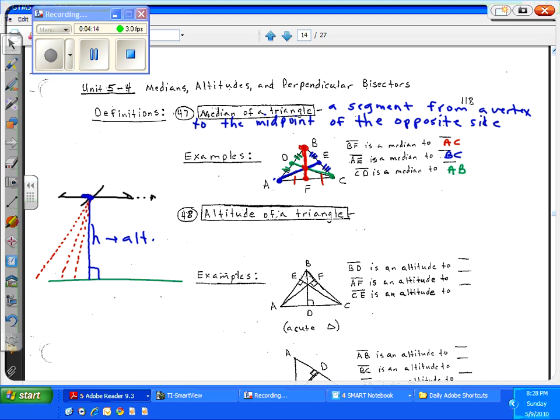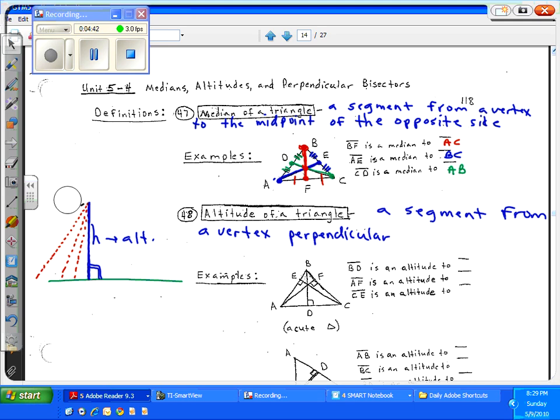So it's going to be a segment from a vertex perpendicular. Well, perpendicular to what? Well, let's look.